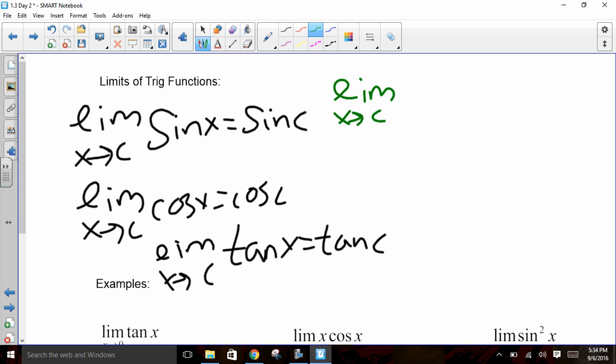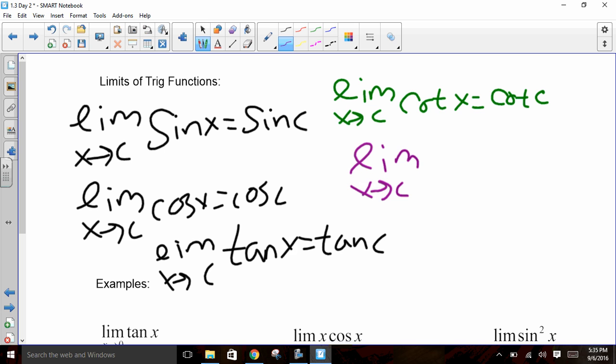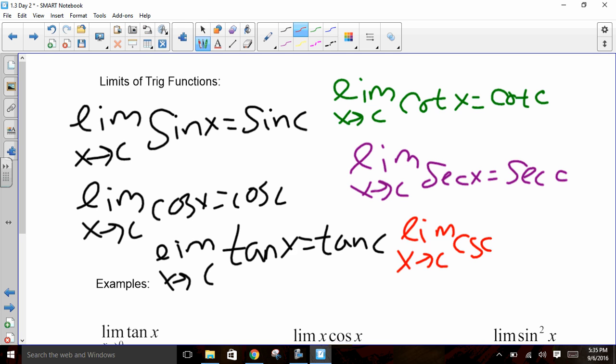The limit as x approaches c of cotangent of x is just cotangent of c. How about the limit as x approaches c of secant of x? Well, same thing, just secant of c. And my last one, the limit as x approaches c of cosecant of x is just cosecant of c.